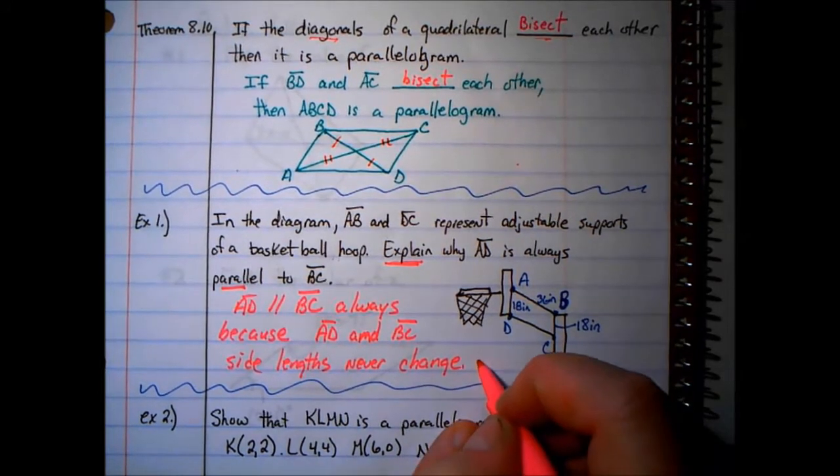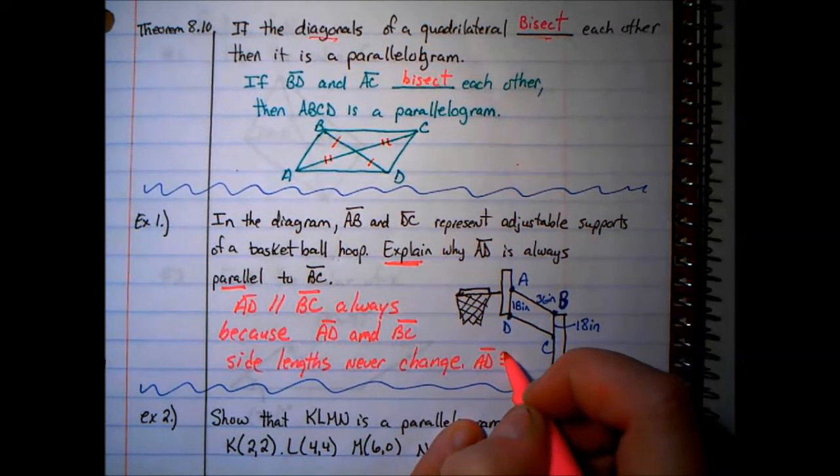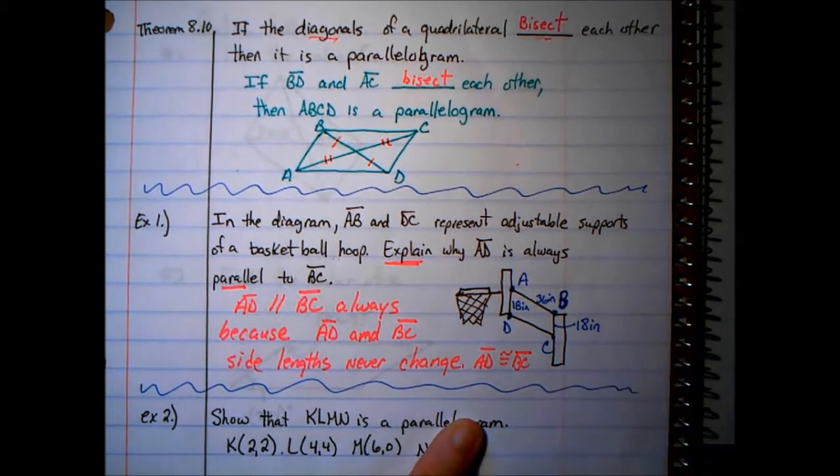In other words, AD is always congruent to BC.